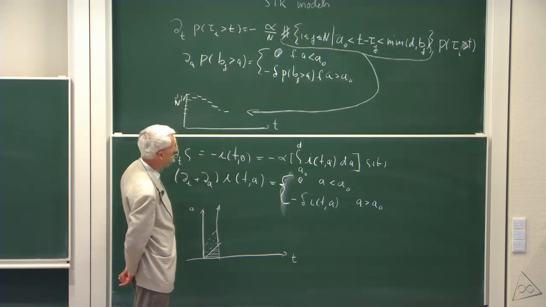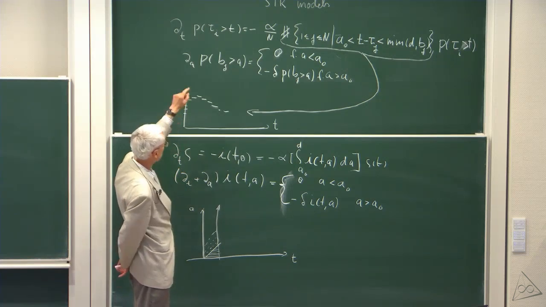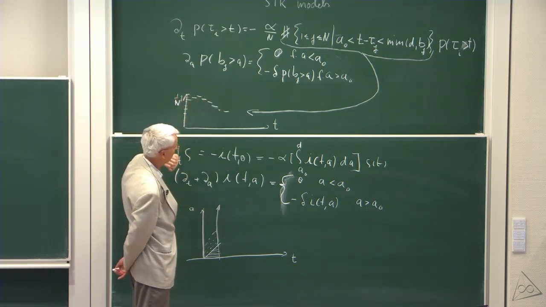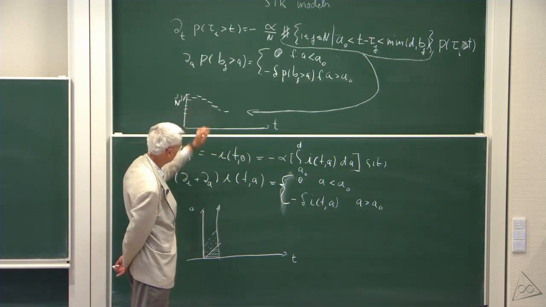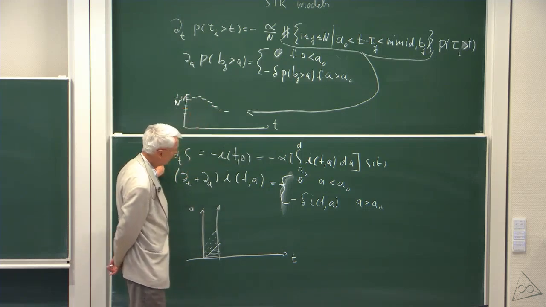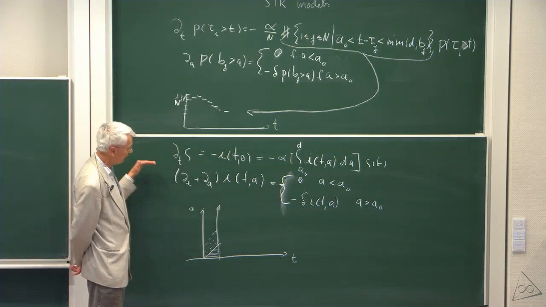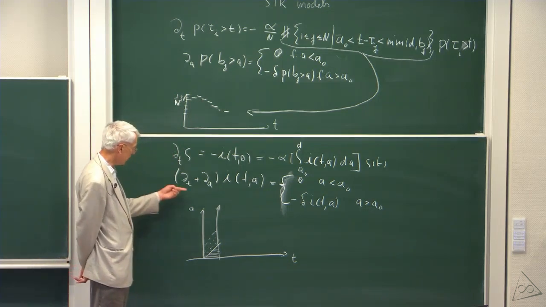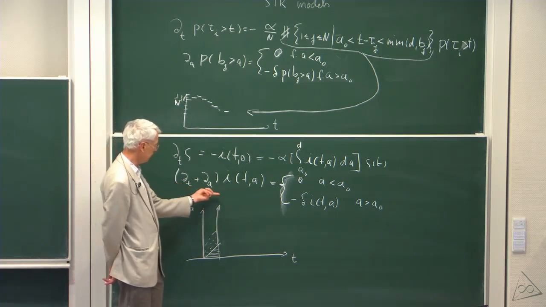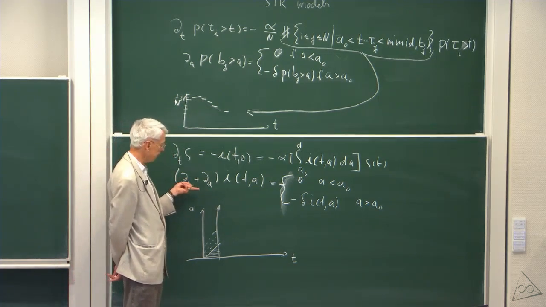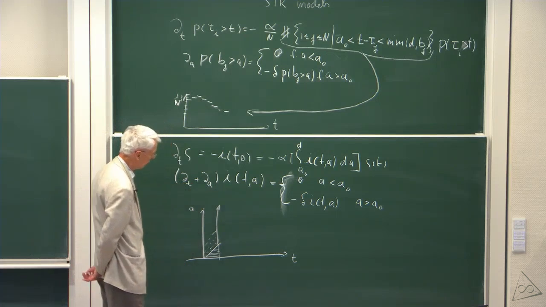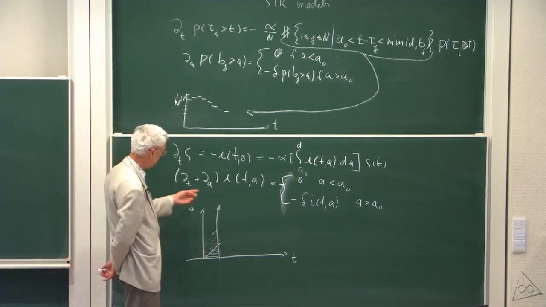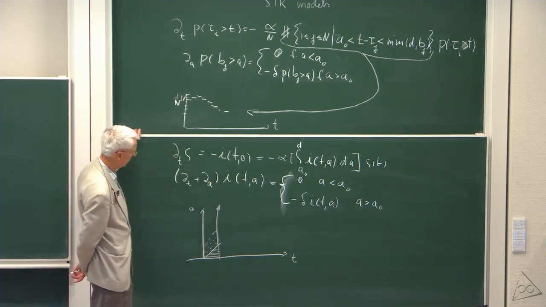The result is also, of course, an important point, that the process which we had here is actually converging to a solution of this deterministic PDE, because you have here two partial derivatives, the partial derivative in t and the partial derivative in the parameter a, which is just the time since infection for each individual.